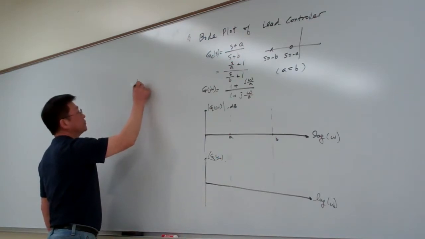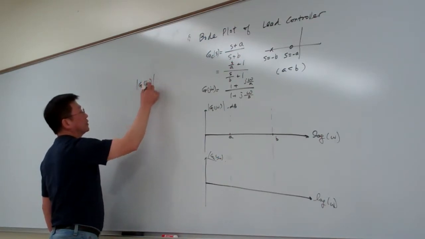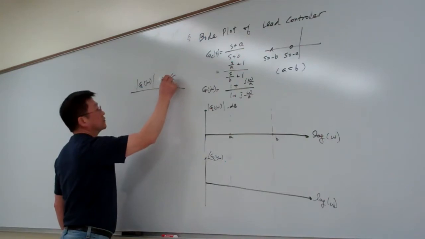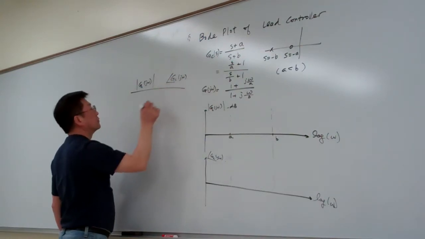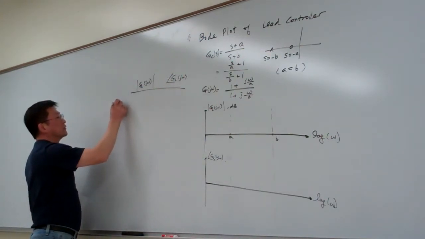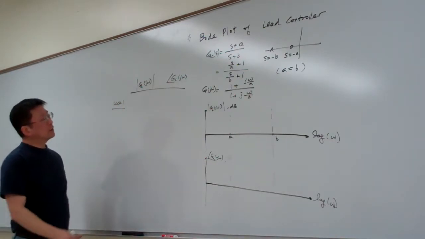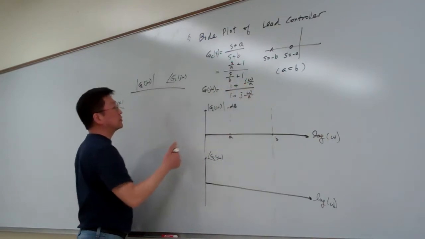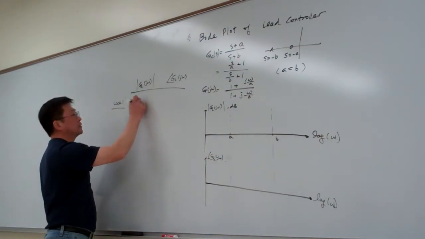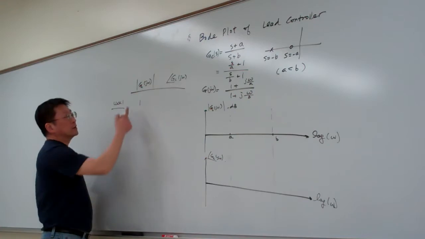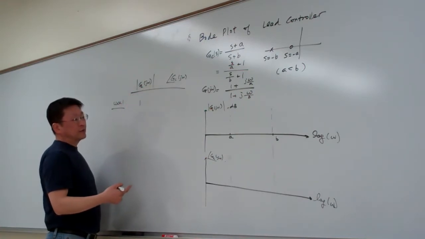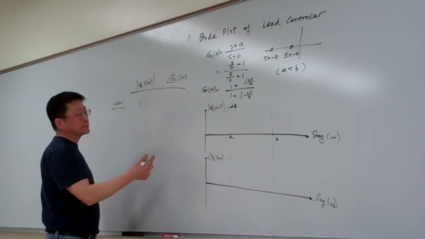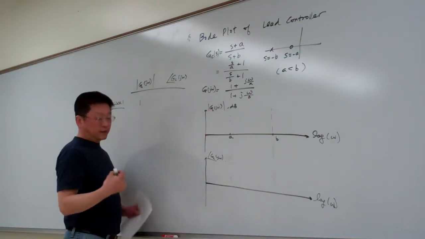The magnitude, and this is the phase angle. When omega is very small, these terms become 0. So basically this is equal to 1, and the magnitude equal to 1 in decibels becomes 0.